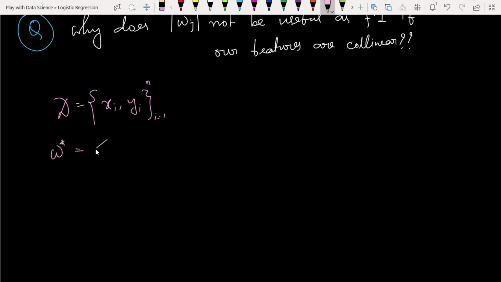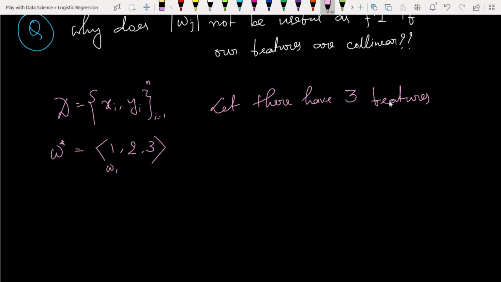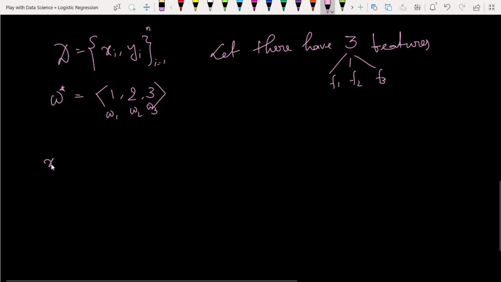Our optimal w star is 1, 2, 3, so w1, w2, w3.